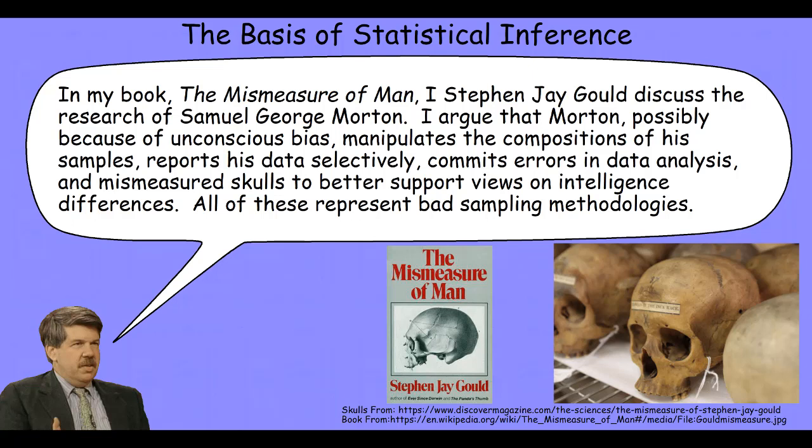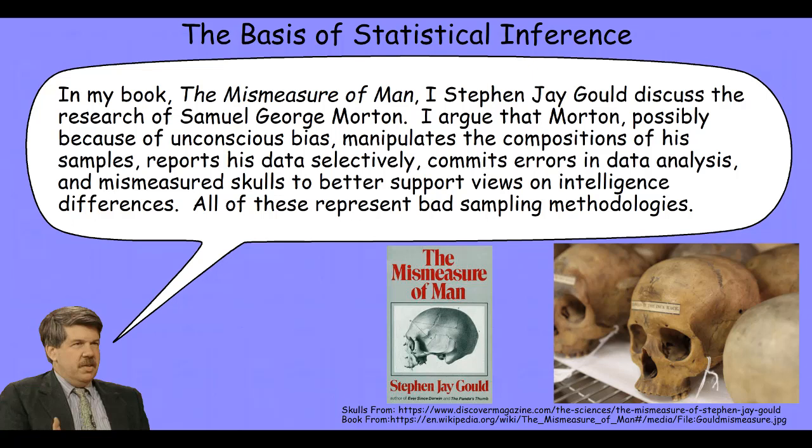So how does this occur? Well, let's look at manipulating the composition of his samples. So Morton is interested in whether or not Caucasians are more intelligent than other groups of people, races, quote unquote.